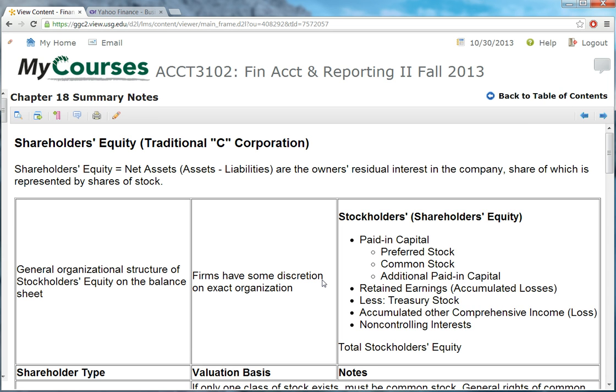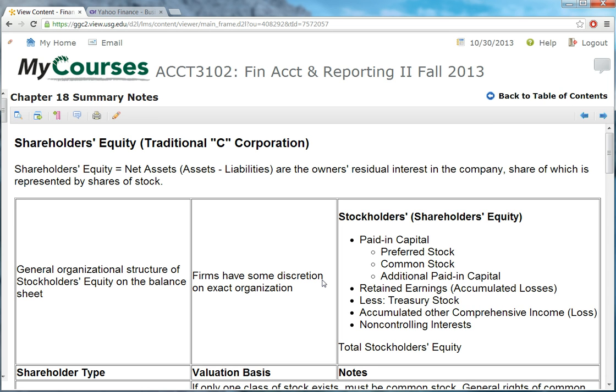So, for example, there are limited liability corporations, LLCs. There are subchapter S corporations. There are master limited partnerships, or MLPs. There are real estate investment trusts, and there are BDCs, business development corporations.